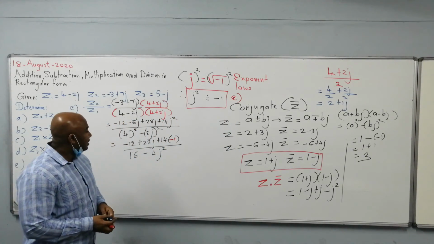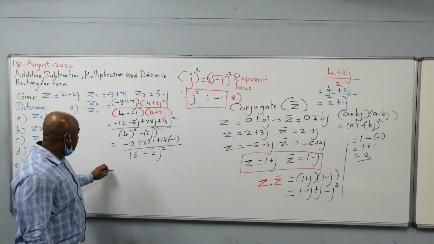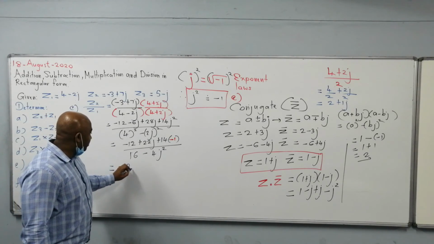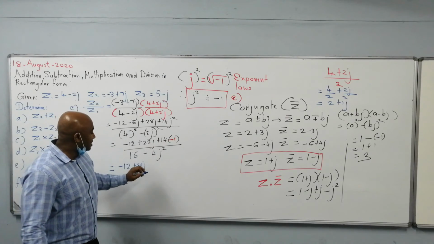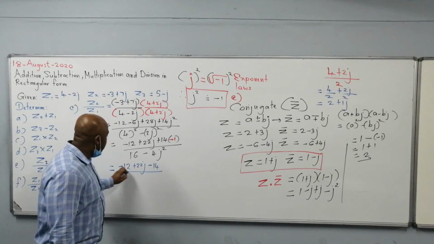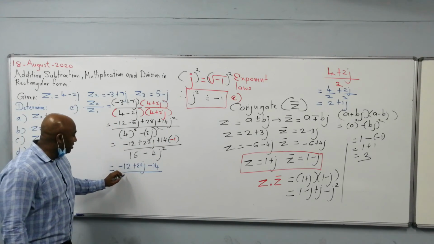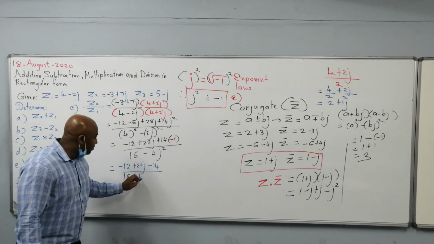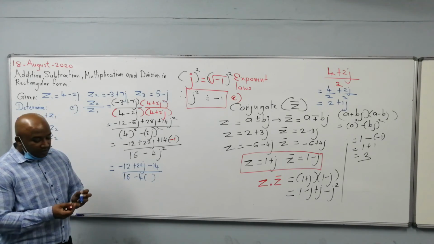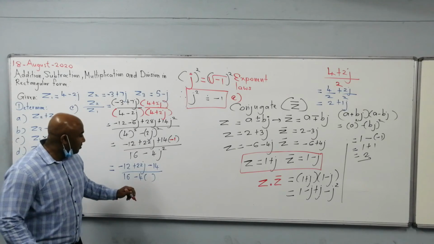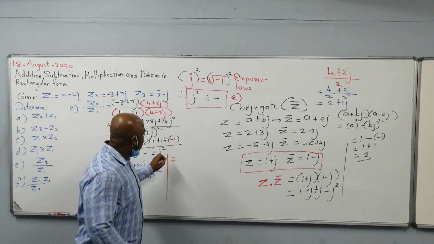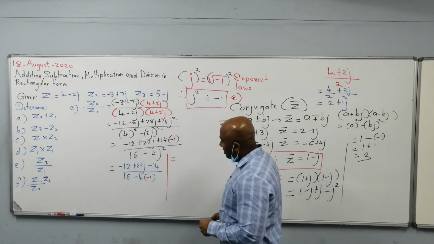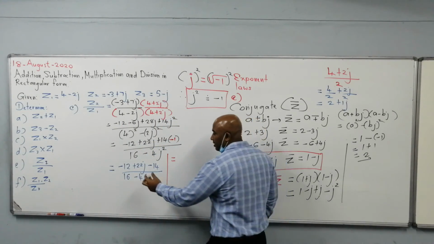So now, let's see what happens here. I have minus 12 plus 22j. Positive times negative will be a negative 14. In the denominator, I have 16 minus 4 times my j squared. What is my j squared? Minus 1. So now in my numerator, what do I have?